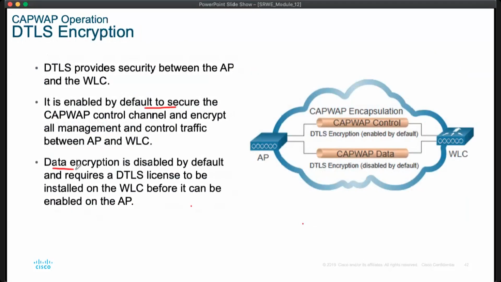Data encryption is disabled by default and requires a DTLS, or Datagram Transport Layer Security, license to be installed on the wireless LAN controller, WLC, before it can be enabled on the AP.